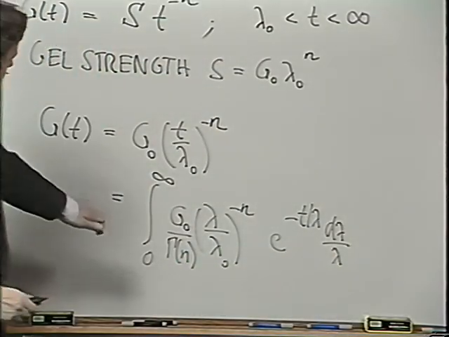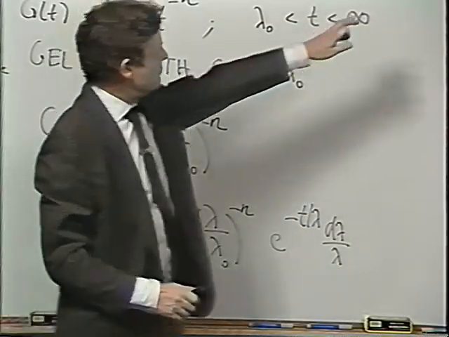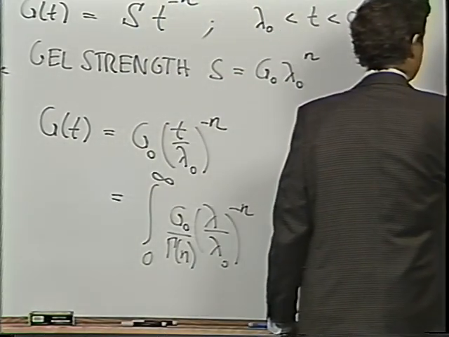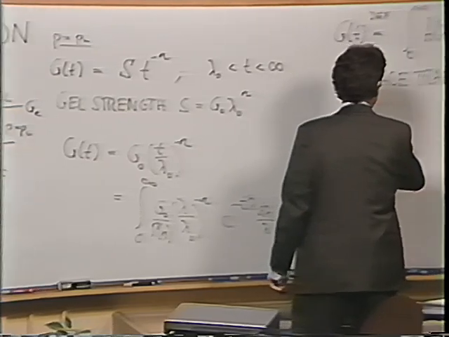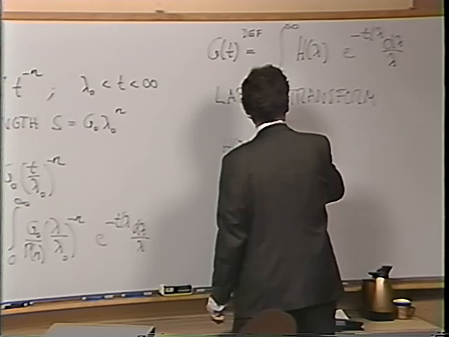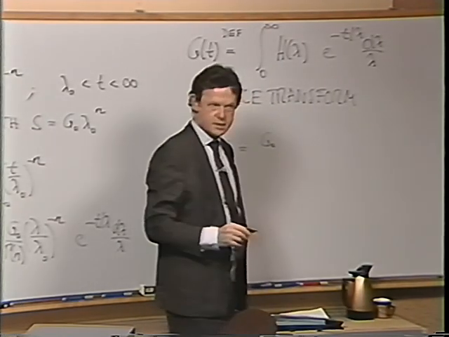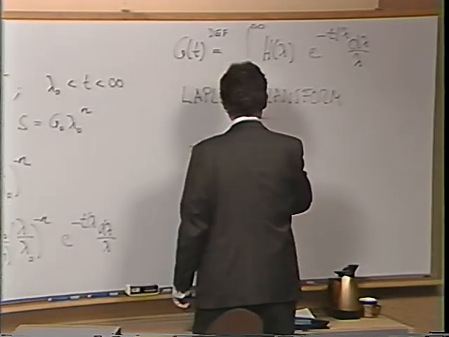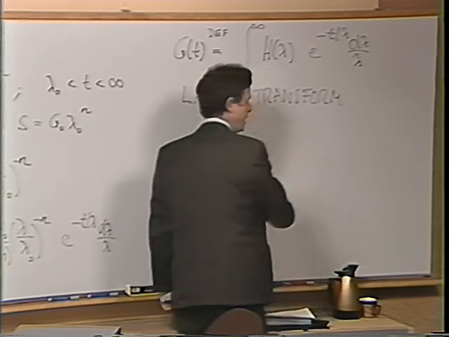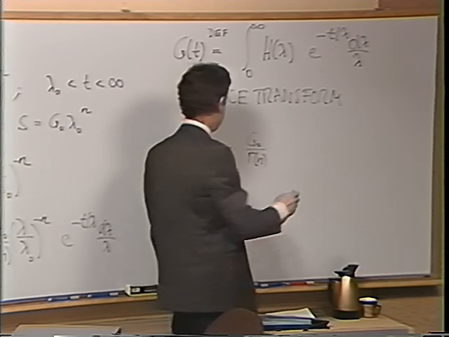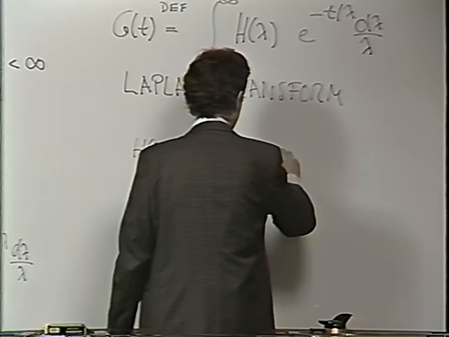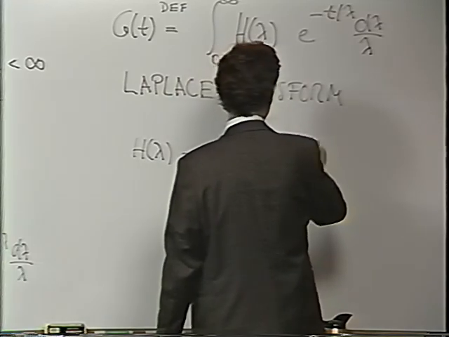And by comparison of this result with the other function over here, we find that the relaxation spectrum, the continuous relaxation time spectrum, is given by the characteristic modulus of our system divided by the gamma function evaluated for n times lambda over lambda 0 to the minus n.